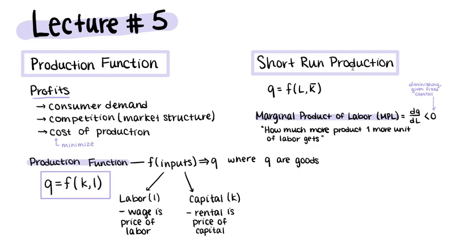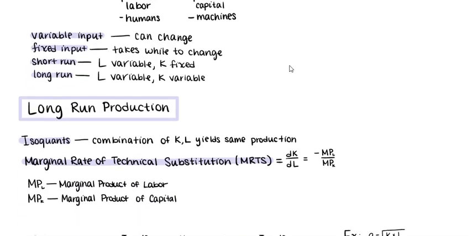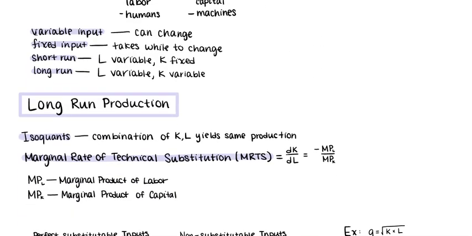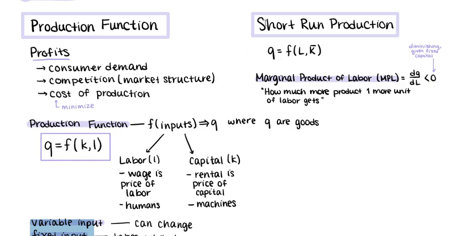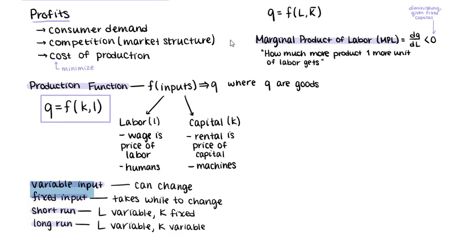So it's dQ over dL. So that's short run production.